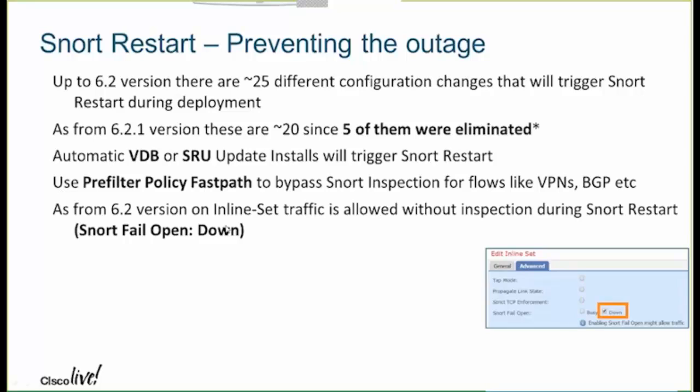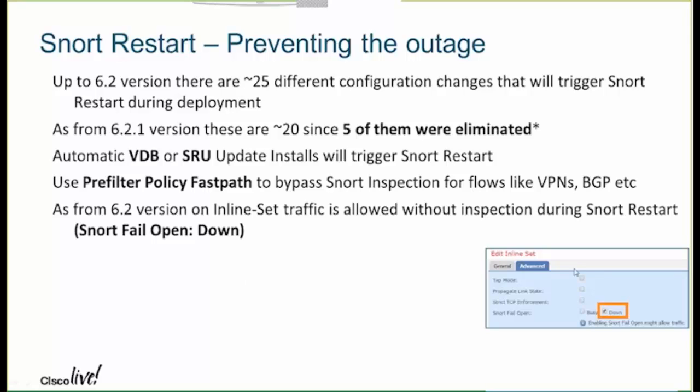And in 6.2 onwards, for inline sets, which are supported on FTD, we can still permit the traffic through during Snort restart, and this is only if you're using inline sets. Your normal interface mode, whether you're configuring it in routed or transparent mode, in those conditions we will continue to see a traffic drop.